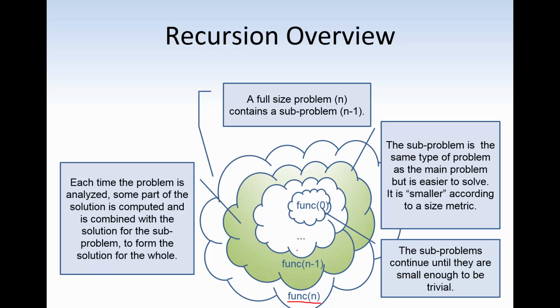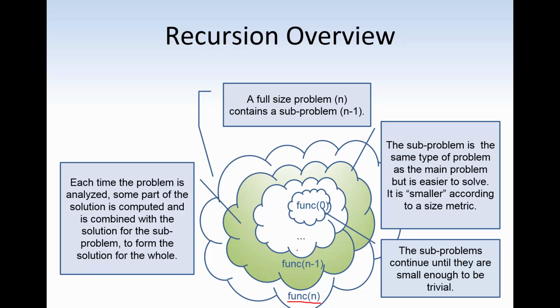One thing you might be wondering is how these problems relate to each other. If I want to compute the factorial of n, there's some way for me to do a little bit of work, and that little bit of work can be combined with the solution to the inner problem. The subproblem, the problem inside the full-size problem, was n minus 1 factorial in the earlier example.